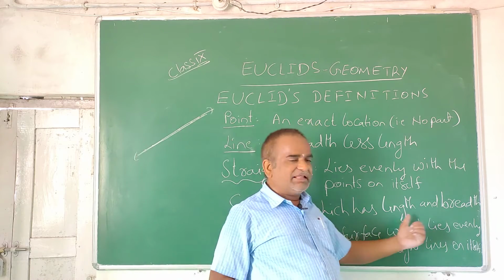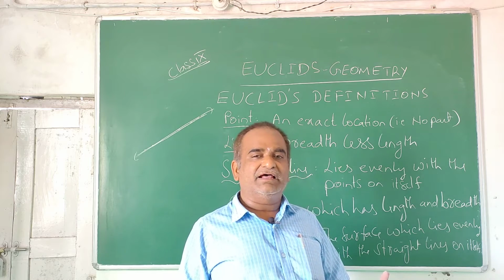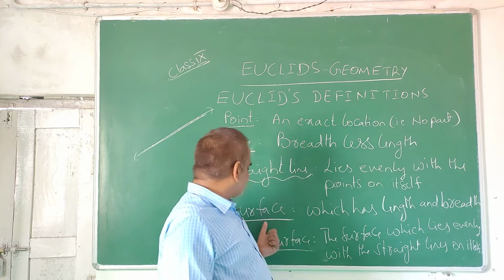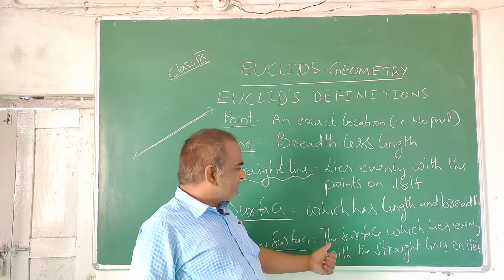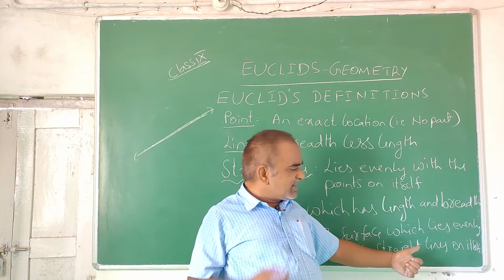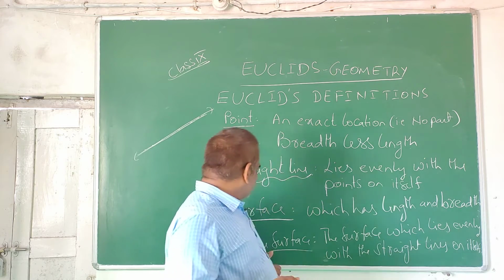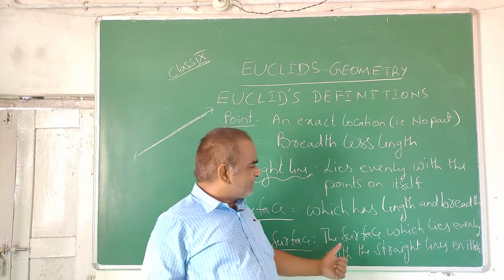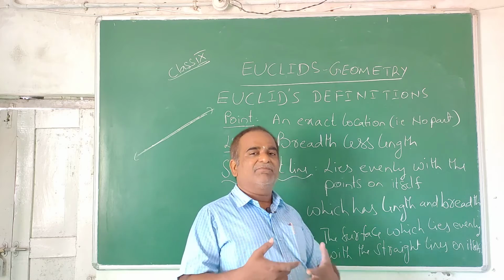A surface has length and breadth, according to Euclid. Plane surface: the surface which lies evenly with the straight lines on itself.